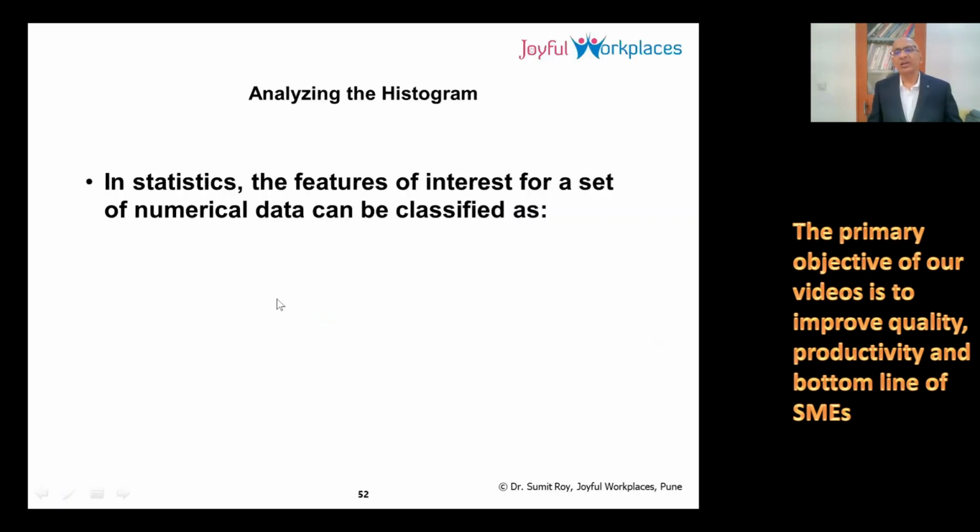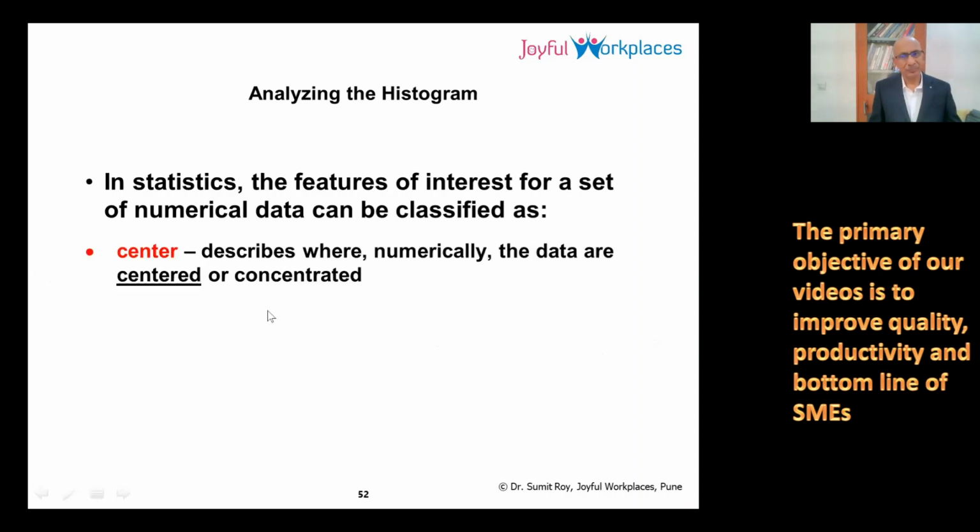So analyzing the histogram. In statistics, the features of interest for a set of numerical data can be classified as center. So, as I said, the main benefit of plotting a histogram is studying the pattern that is emerging from the histogram. In the pattern, there are three important points we'll be taking up one by one.